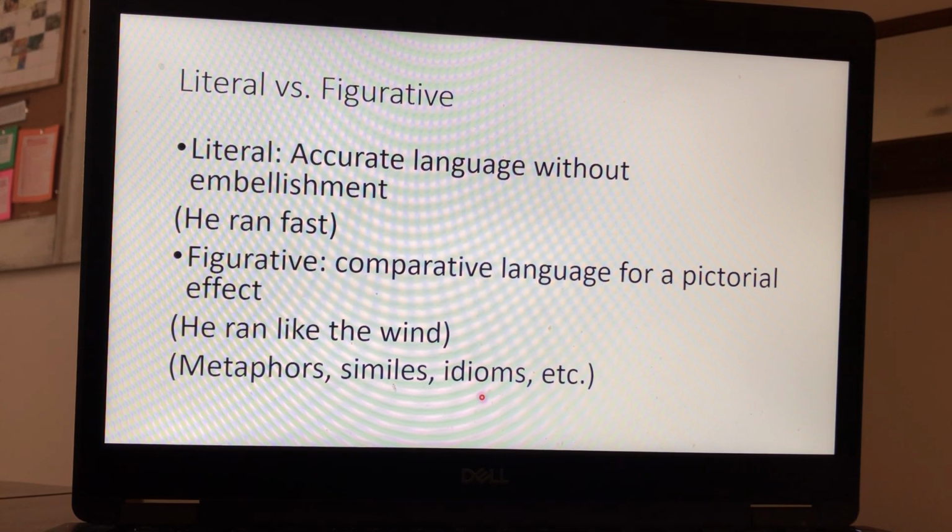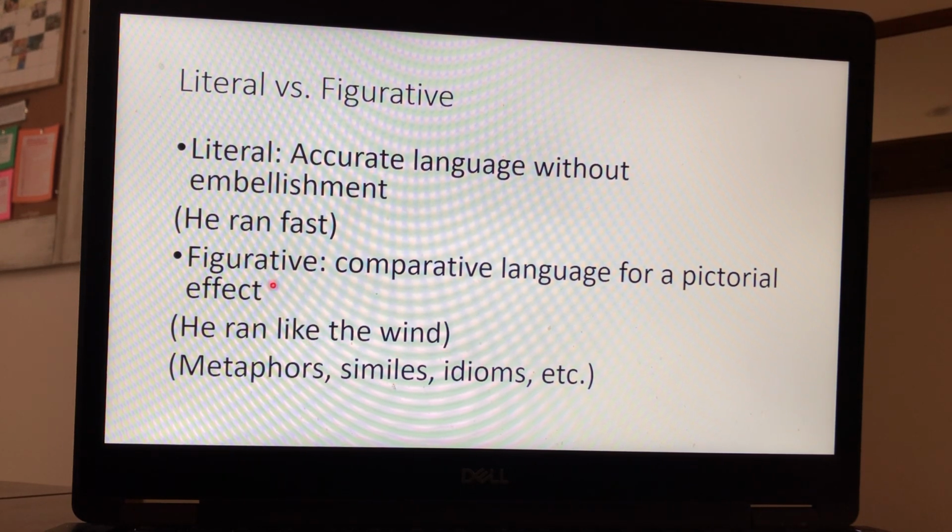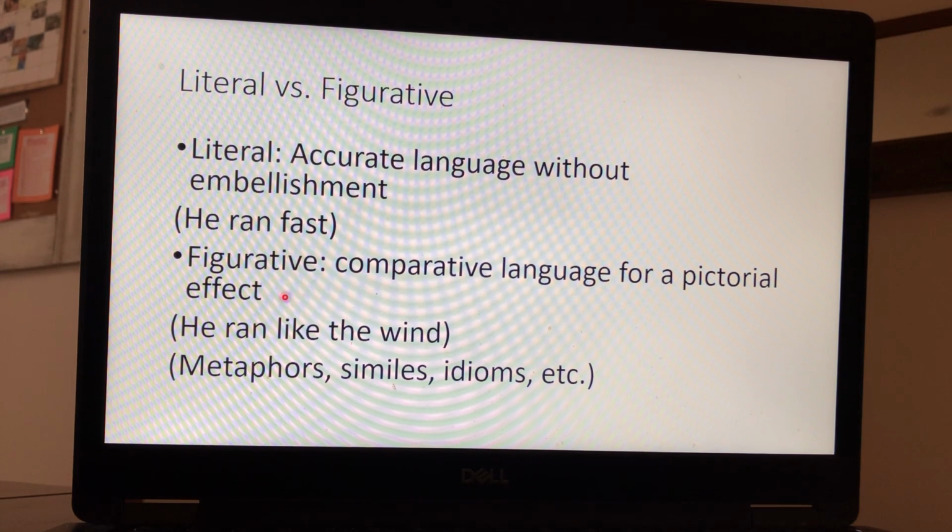I think about the Kennedy passage you guys read last week. That's probably a lot more literal. He uses a lot of facts and statistics. Whereas if you read any of Martin Luther King Jr.'s speeches, like the I Have a Dream speech, he uses a ton of metaphors and similes and imagery to get his point across. So just different types of diction as well that you can use.